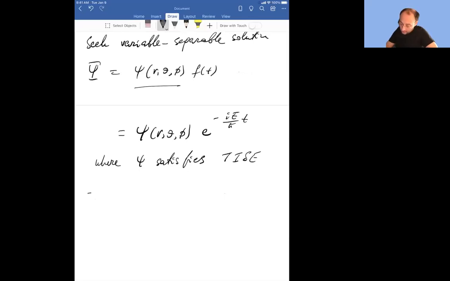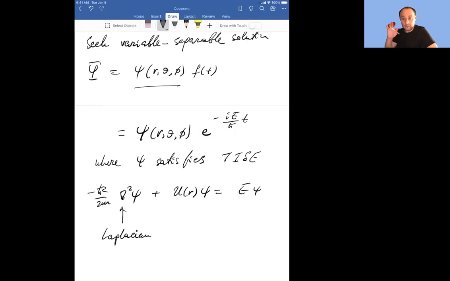And in 3D, it reads the following. I'm not showing the fact that psi is a function of r, theta, and phi. I don't always have to remind myself what its independent variables are. This is called the Laplace operator, the Laplacian.